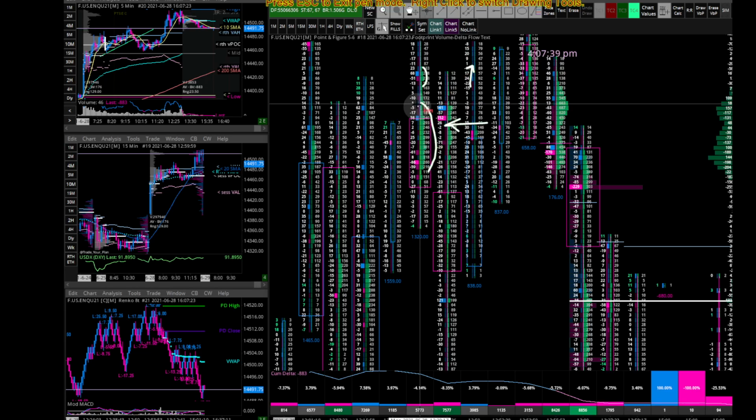Probably not, because that means all these guys lost the battle short term. Okay, so that is how you use these volume aggregations or volume nodes to help you put on risk, right?